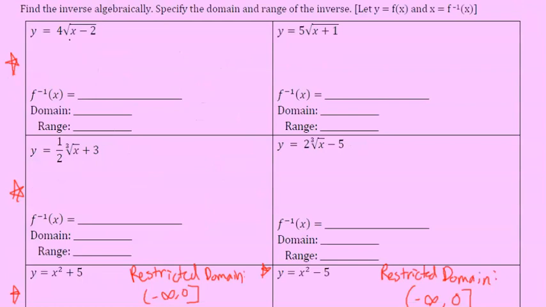Page 17. Find the inverse algebraically. Specify the domain and range of the inverse. Let y equal f of x and x equal f inverse of x. I was talking about the original functions. So we have y equals 4 times the square root of x minus 2. Let's switch the x and the y and solve for the y again.